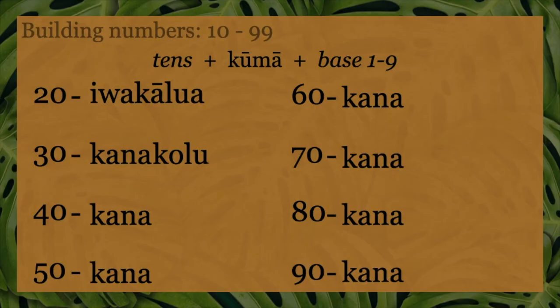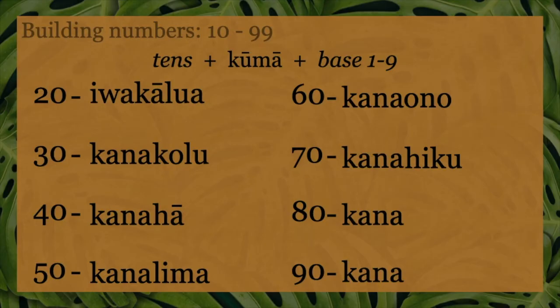Kolu again is the base form of 3. 40, kana ha. 50, kana lima. 60, kanaono. Again, we create that diphthong. 70, kanahiku. 80, kanavalu. And 90, kanaiva. Again, create that diphthong between the a and the i, kanaiva.